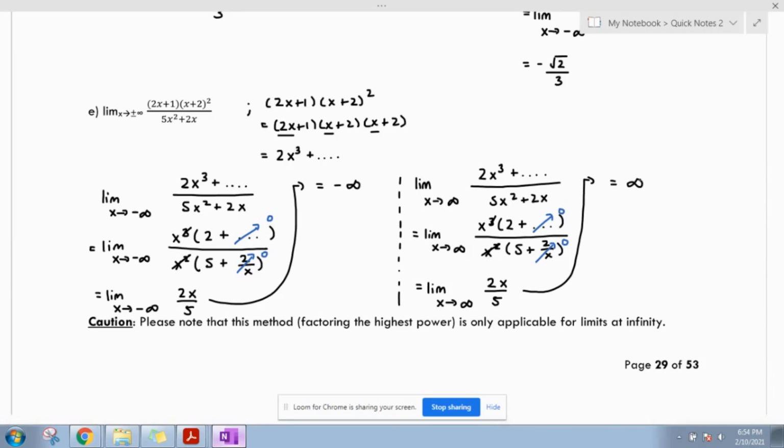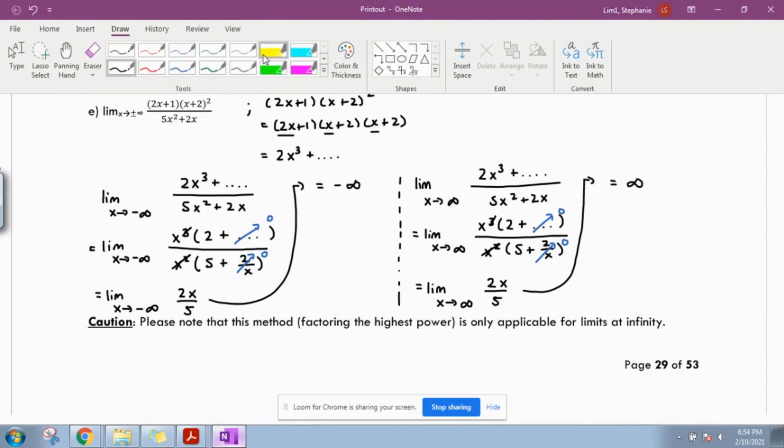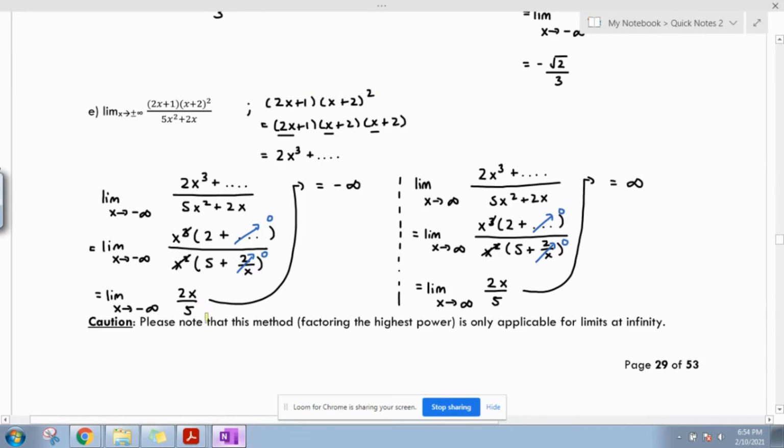So we've gone through evaluating our limits when x approaches positive or negative infinity. This concept of taking out the highest power of x is only applicable when you are solving limits at infinity. Do not use it anywhere else.